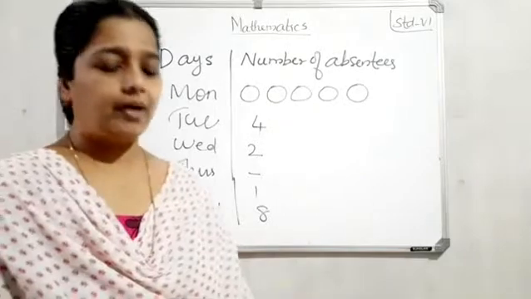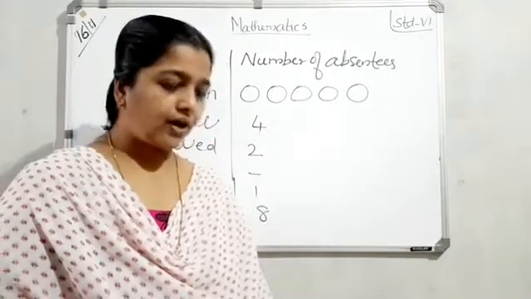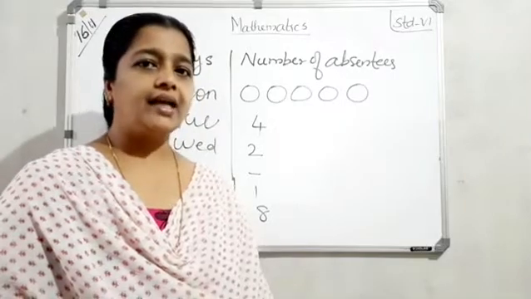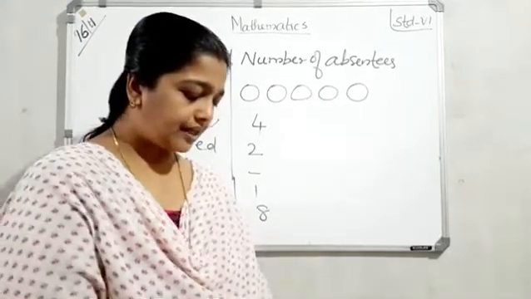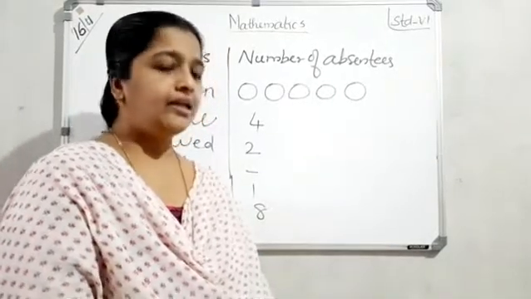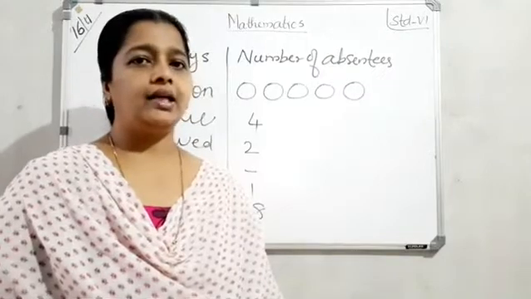So the total number is 20. The answers: A, Saturday; B, Thursday; and C, 20. Write these answers only in the textbook.